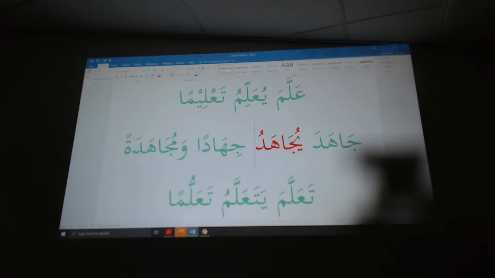So huwa yujahadu, huma yujahadani, hum yujahaduna, hiya tujahadu, huma tujahadani, hunna yujahadna. أنت تجاهد أنتما تجاهدان أنتم تجاهدون أنت تجاهدين أنتما تجاهدان أنتن تجاهدن أنا أجاهد نحن نجاهد. So the فعل مضارع مجهول of the Jahada family, the أنا version is أنا أجاهد نحن نجاهد.